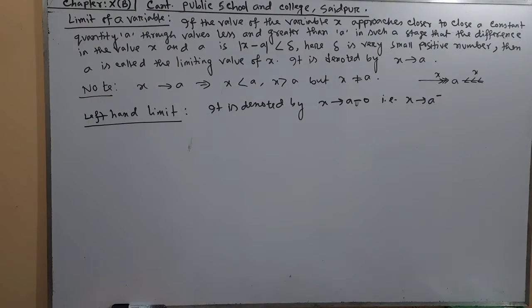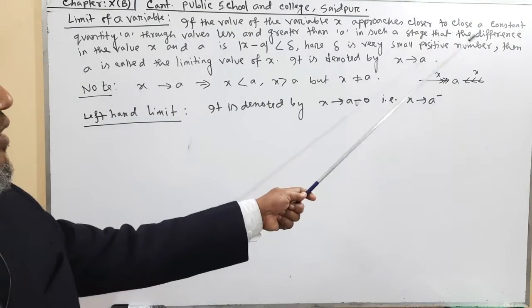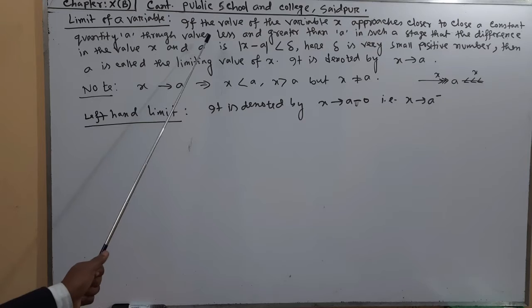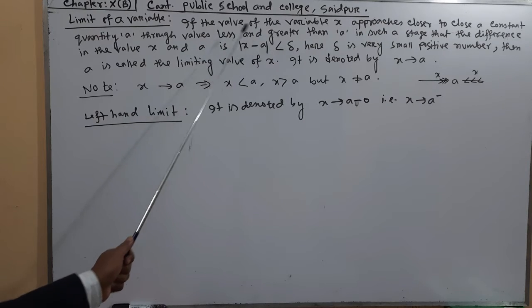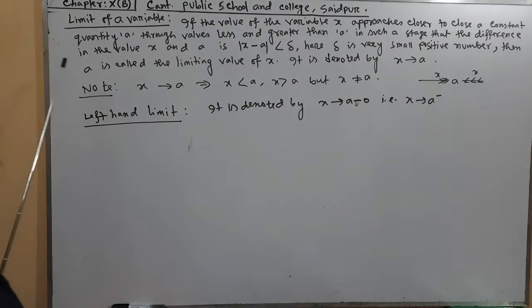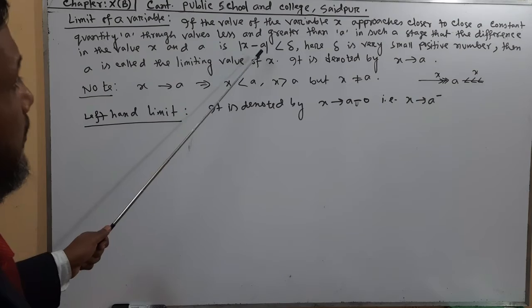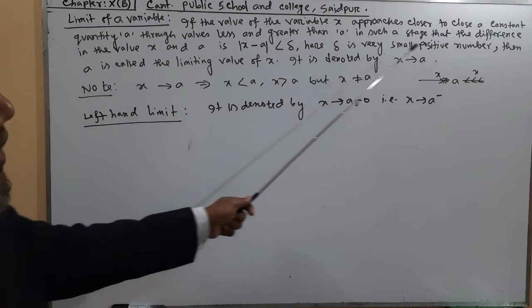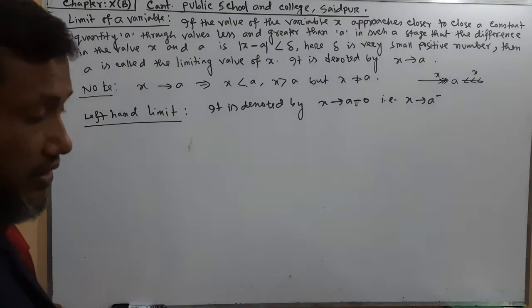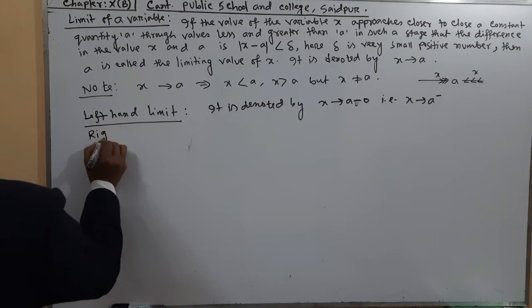What happens for the right hand limit? If the value of the variable x approaches closer and closer to a constant quantity a through values greater than a, in such a stage that the modulus x minus a is less than del, where del is a very small positive number, then a is called the right hand limit of x.